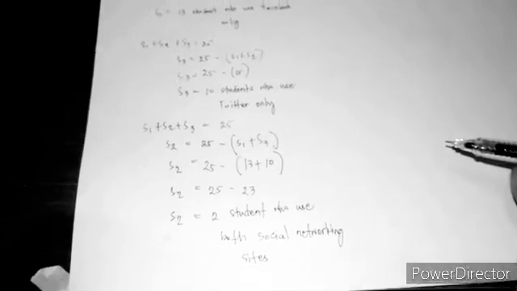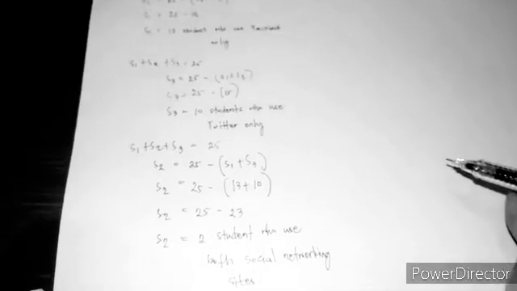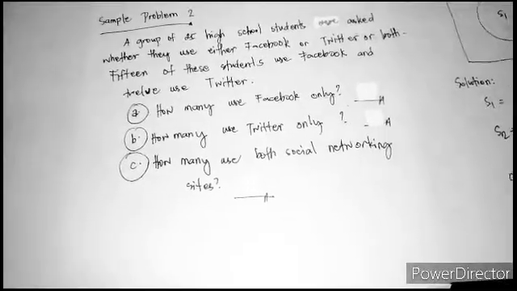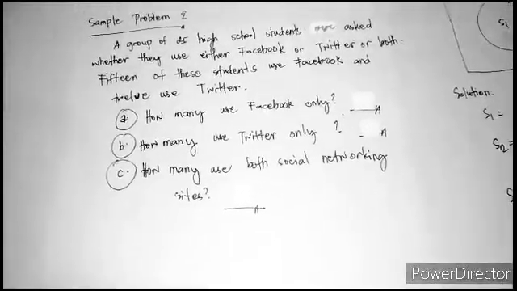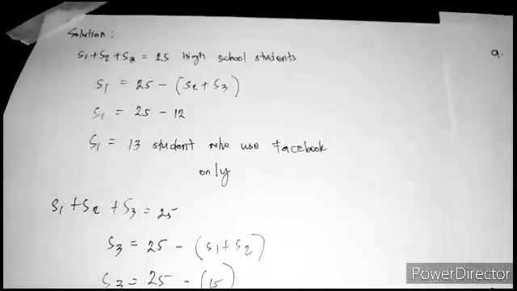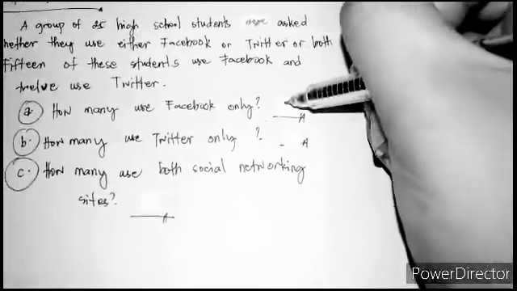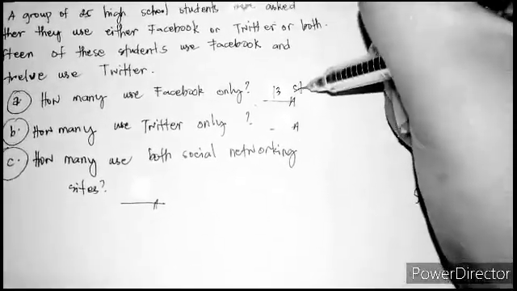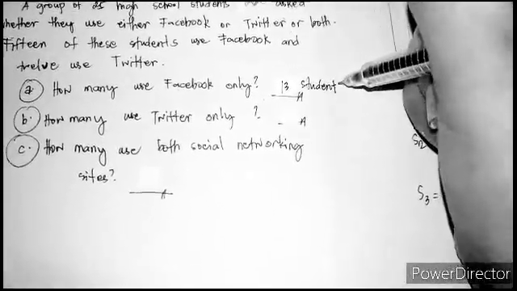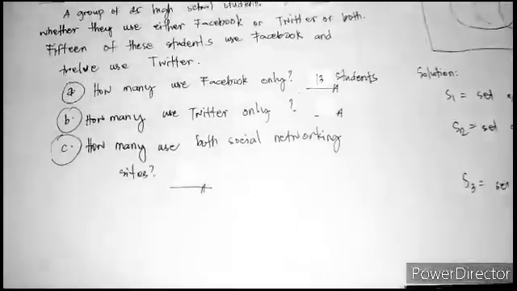Now we can answer the following questions. How many use Facebook only? We have 13 students who use Facebook only. So let's write 13 students. And then how many use Twitter only?